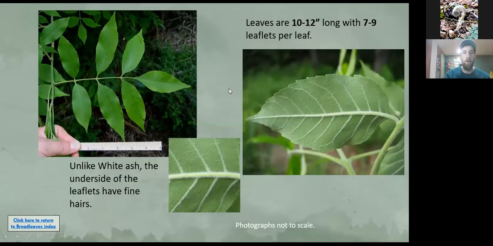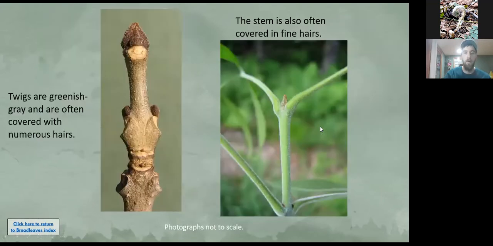One unique thing about green ash is the undersides of the leaf have a velvety kind of feel to it, which white ash does not have. And these are just more twig and bud pictures. You note again the opposite branching.